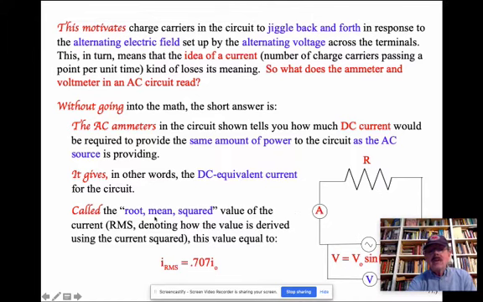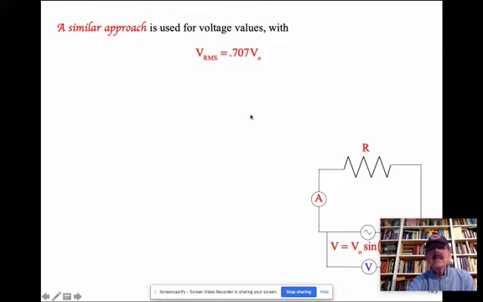If you take the root mean square and calculate it, you will come up with this effective current, this DC effective current, and it will equal 0.707 of the amplitude of the current value. That's referred to, I think they ought to call it the DC equivalent current, but they call it the RMS current.